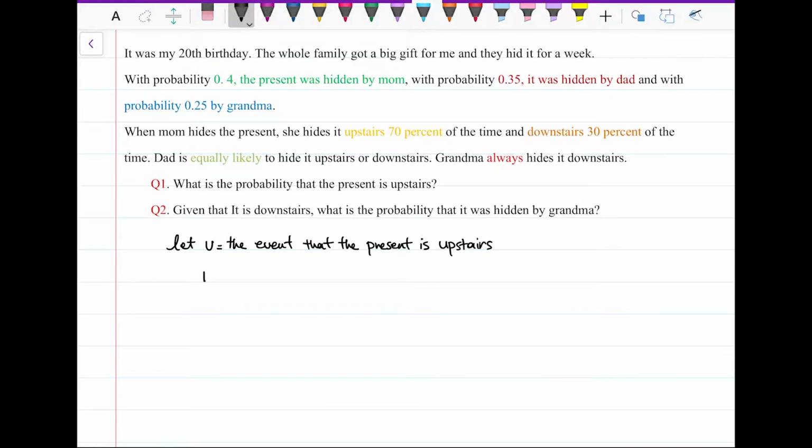Let M be the event that the present is being hidden by mom. Then D be the event that the present is being hidden by dad. And G be the event that the present is being hidden by grandma.